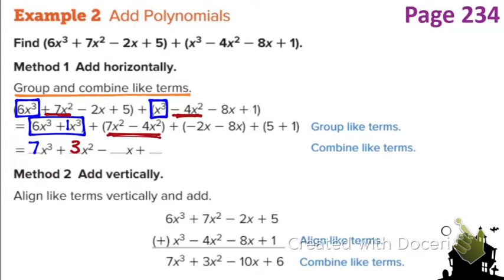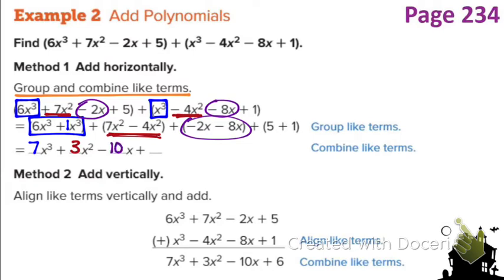All right. What's my next term? Negative 2x. Does it have a like term in the other polynomial? Negative 8x. When I take those two and I put them together, negative 2 together with negative 8, how much do I have altogether? Negative 10.